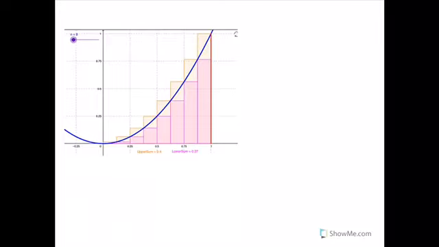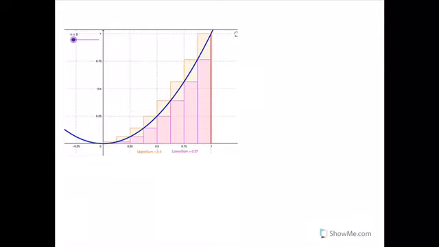This graph has both the upper and the lower, so we had an overestimate when we did the right, and we had an underestimate when we did the left. When all of the rectangles are above the curve, they call that an upper sum. And when they're all below, we call it a lower sum, but it's the same thing as left and right. Both of these are on this same graph.